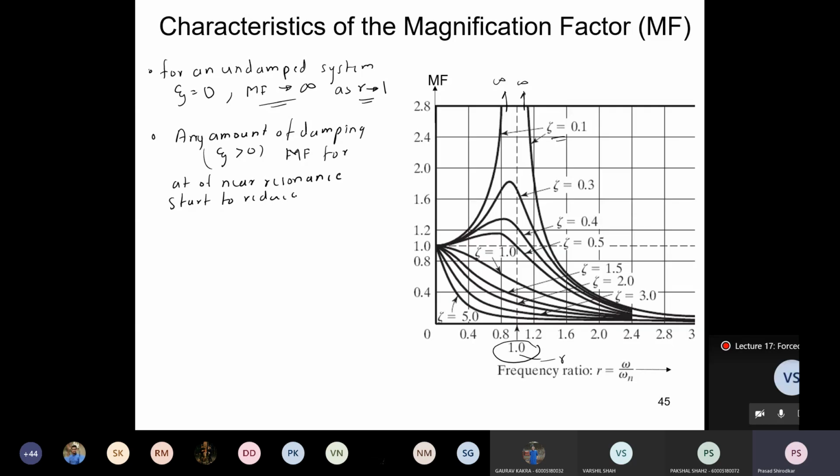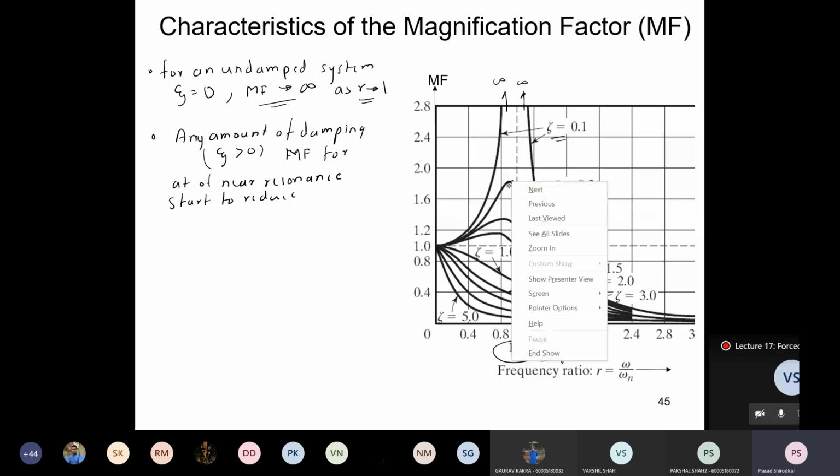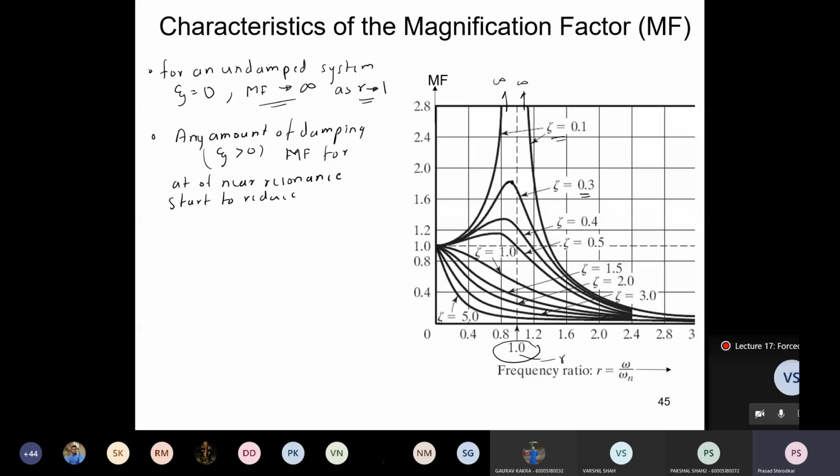All right. So what does that mean? See, here magnification factor when zeta is 0 goes to infinity. But as soon as you start to introduce the damping, then this magnification factor at or near resonance starts to decrease. All right, so this value starts to decrease.